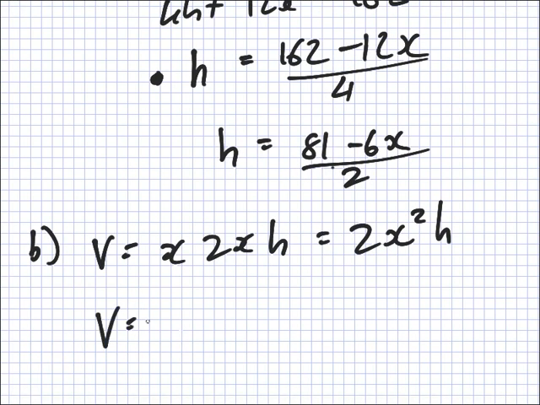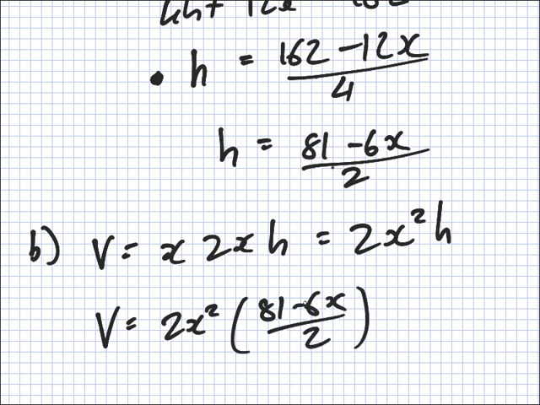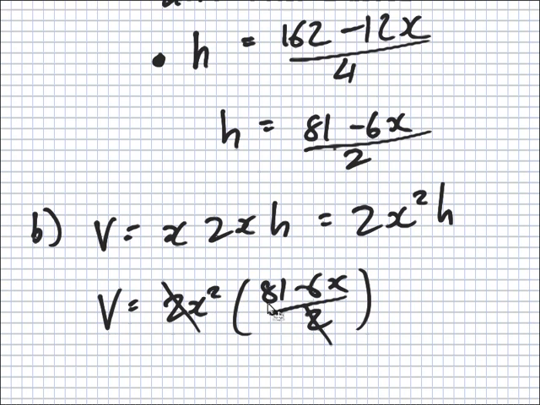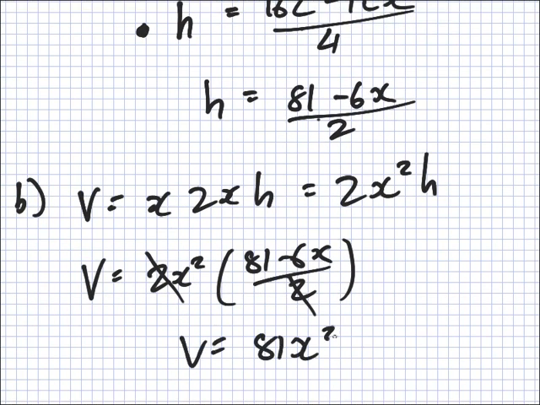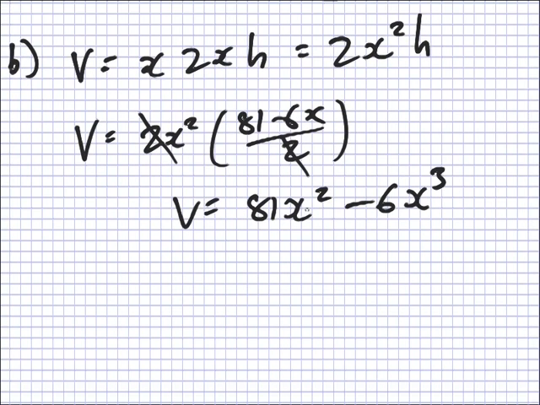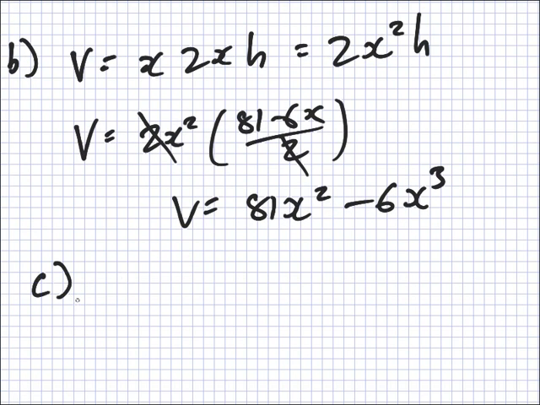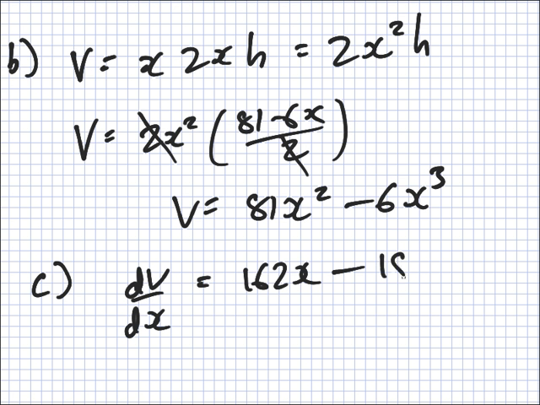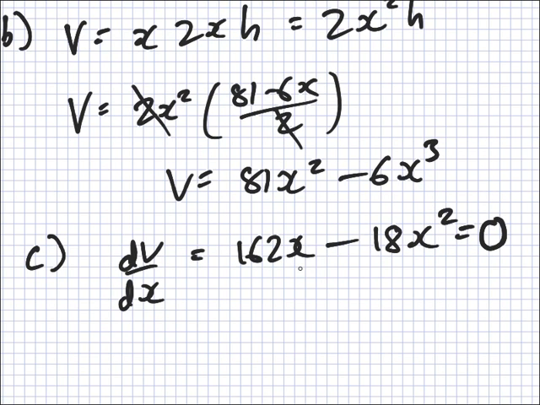So the volume is 2x squared by h. They cancel nicely, so the volume is 81x squared minus 6x cubed. That's another 3 marks. Part C, maximum volume: dV/dx is 162x minus 18x squared equals 0.